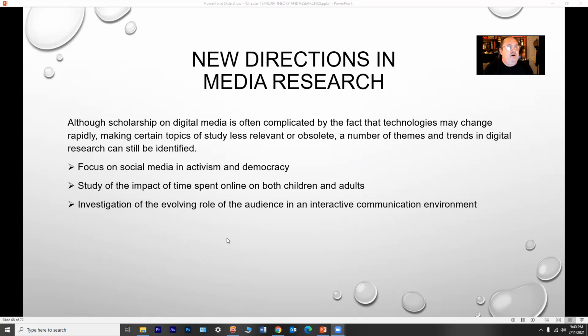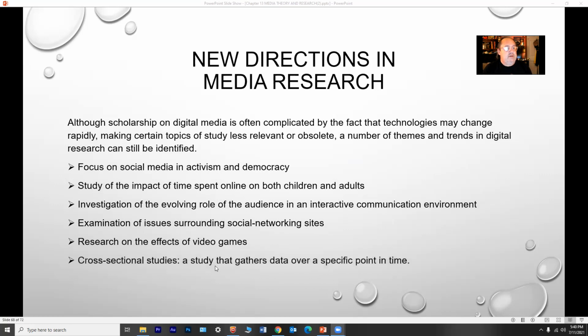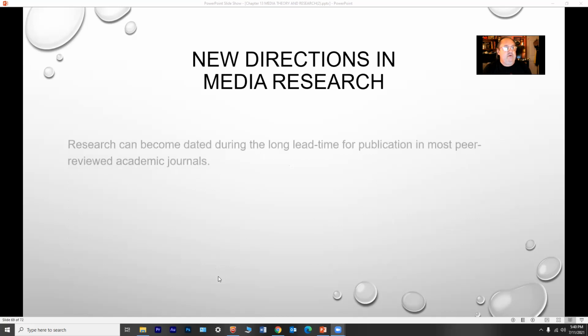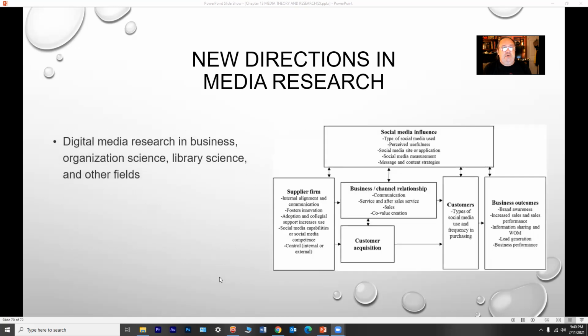Investigation on the evolving role of the audience in an interactive communication environment. Examination of issues surrounding social networking sites, and research on effective video games. Cross-sectional studies that gather data over a specific point in time. So we've got new areas to do research in, and I'll let you read all of this.